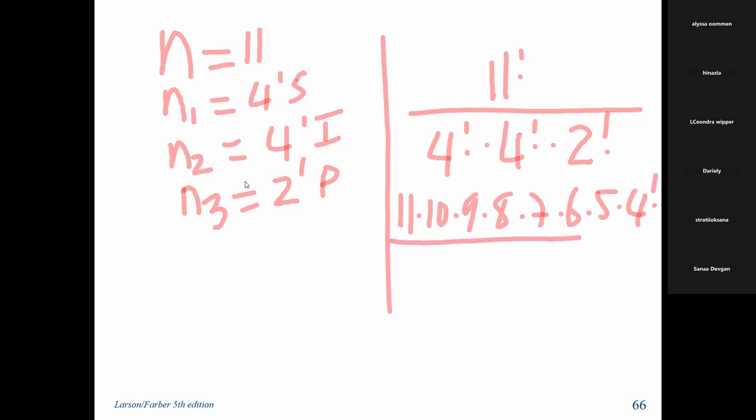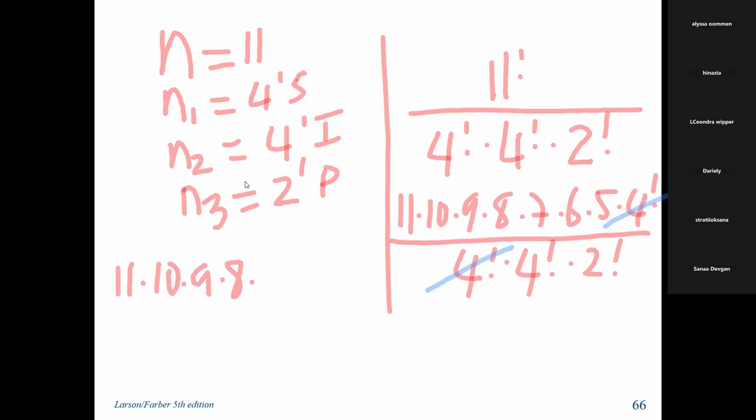So you're going to cancel one of the 4 factorial, and so one of the 4 factorial here. So you have 11 times 10 times 9 times 8 times 7 times 6 times 5 over 4 factorial times 2 factorial.